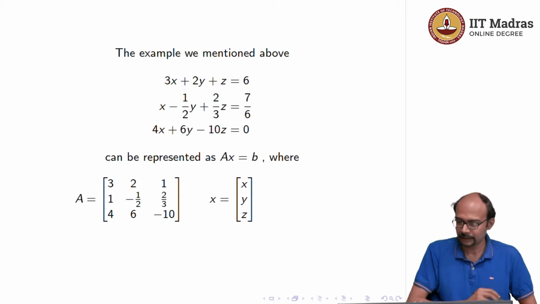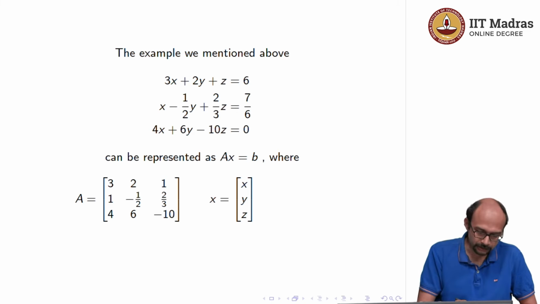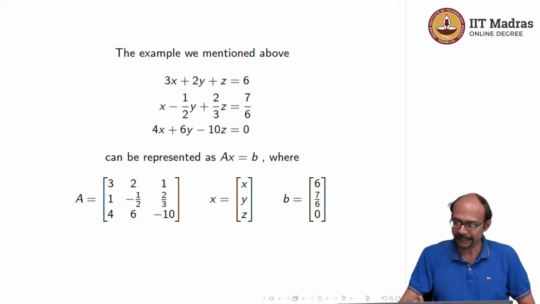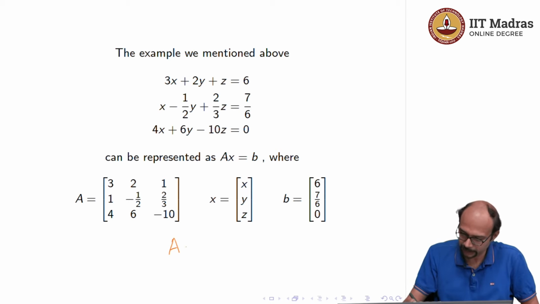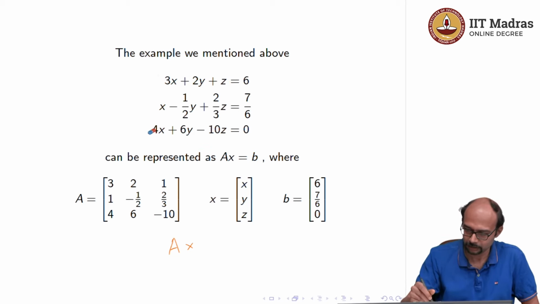What is x? X is x, y, z, the unknowns or the variables. And what is b? B is the set of constants on the right: 6, 7, and 0. I'll encourage you to multiply A and x and see that you get exactly this thing over here as a column matrix.